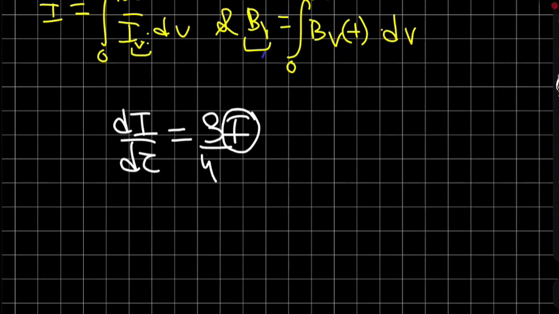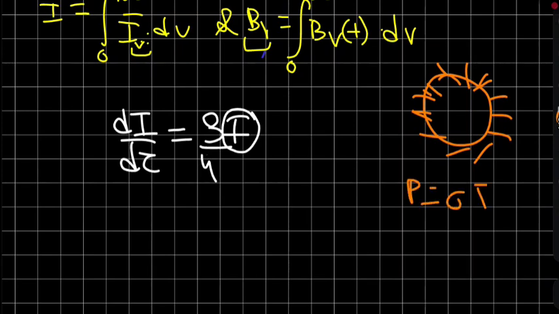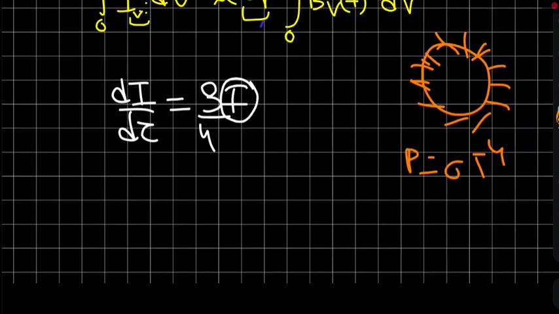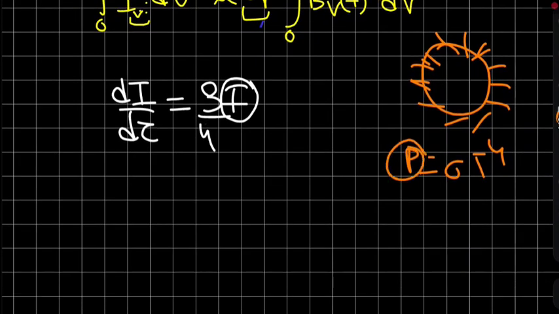How do you generally determine the temperature of the sun? Suppose that this is the sun, and how will you determine the temperature? You use the concept of black body radiation, that the power radiated is equal to sigma multiplied by T to the power 4. Okay, so there is another way of defining the power, which is pi multiplied by F, where F is the radiant flux.